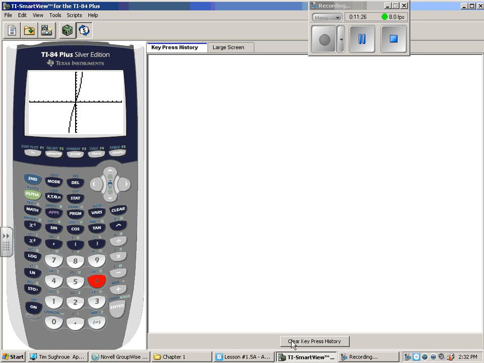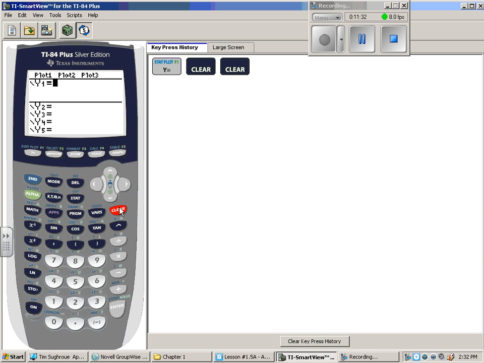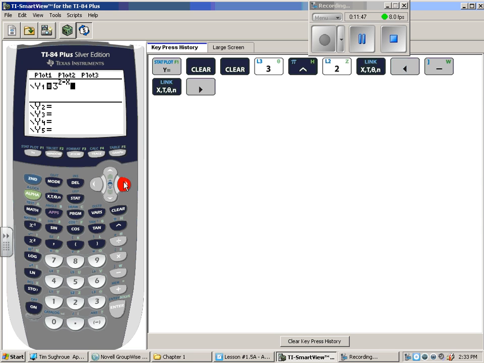I'm going to clear this out. I'm going to go 3 raised to the 2 minus x. Cursor to the right to get back down here.